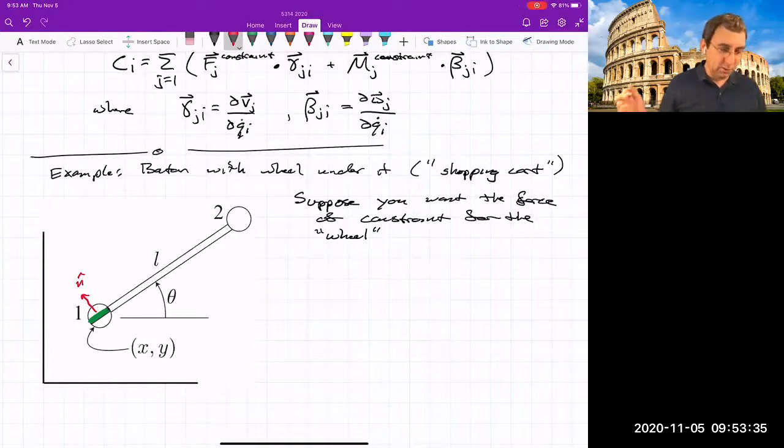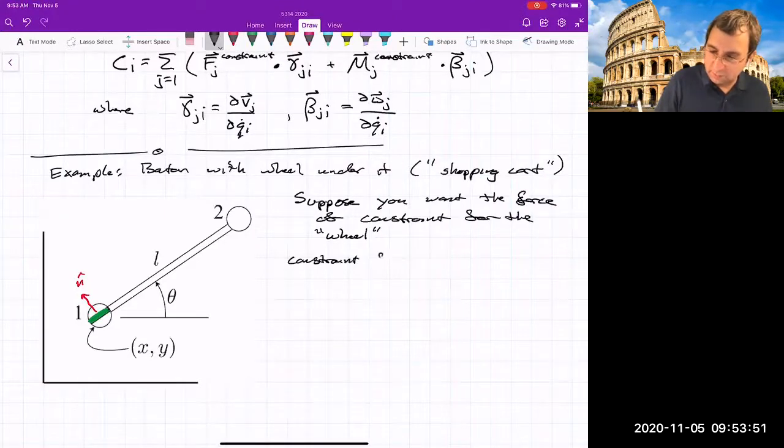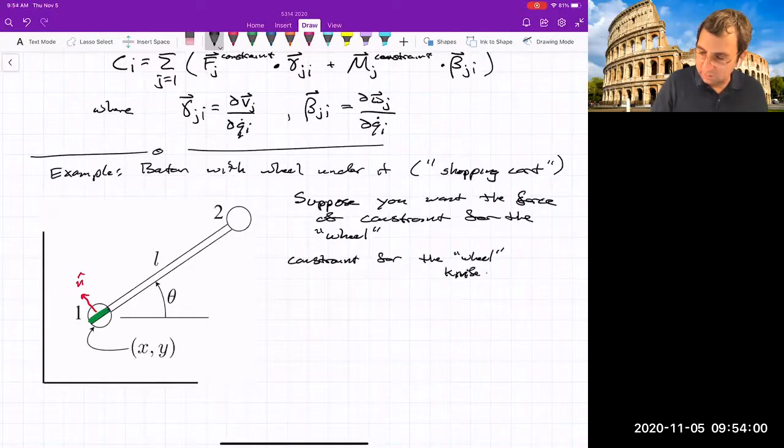We've written it a few times before, but I'll write the constraint for the wheel this way. We also called that a knife edge constraint.